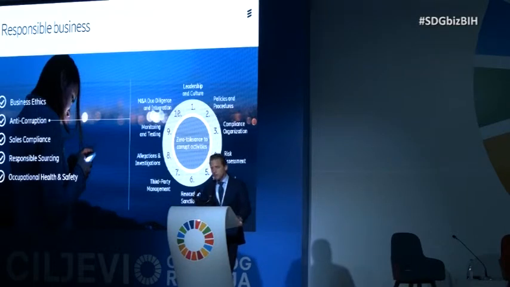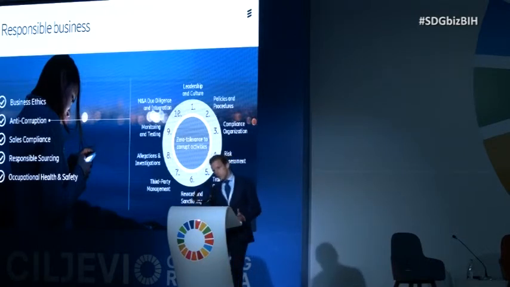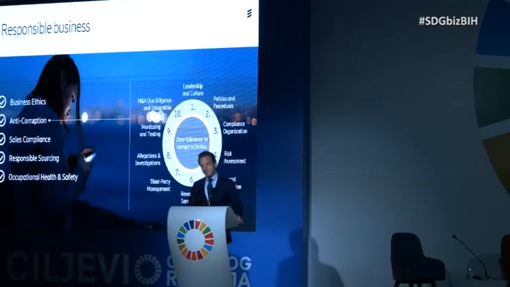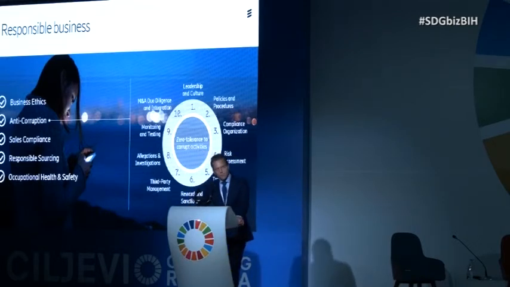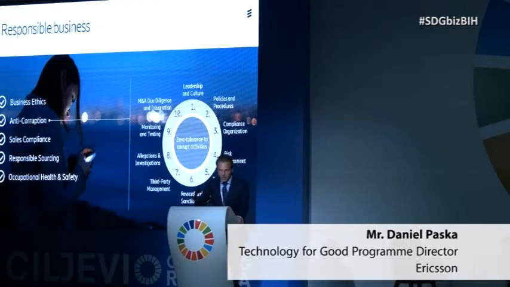That's basically to mitigate human rights risks, because most of our products are dual use. You can use them for good, but you can use them for bad. The whole mobile and cellular technology is based on positioning people. So by using it for bad, you can know basically where everyone is that has a mobile phone. And we want to mitigate those risks.